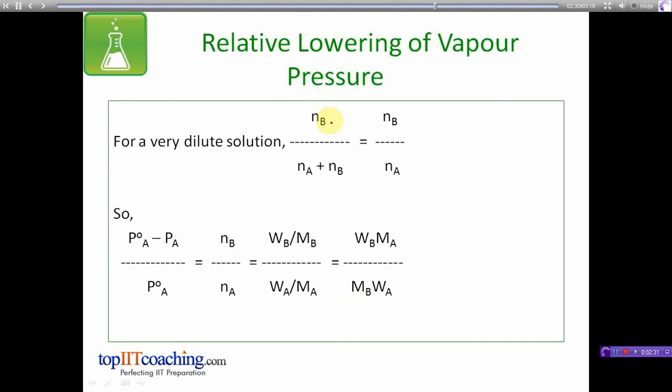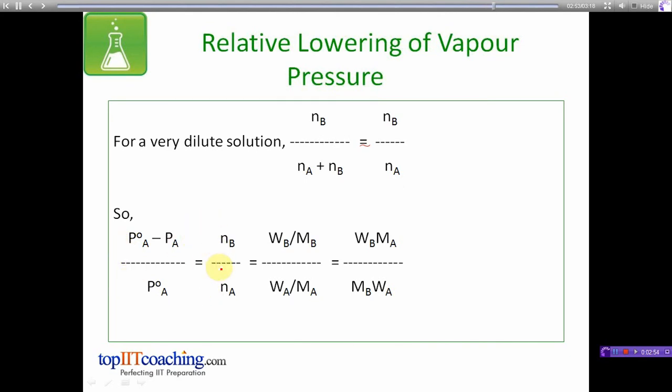Now in case of very dilute solutions, we can write that NA plus NB is almost equal to NA. So NB divided by NA plus NB is almost equal to NB divided by NA. On substituting this value in the previous equation, we get the relative lowering of vapor pressure is equal to NB upon NA.